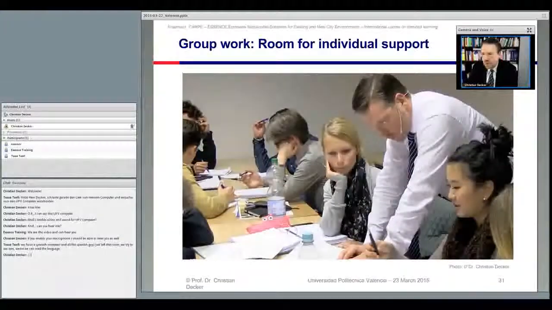And then, of course, you all know that what is really good in an inverted classroom model setting is to apply group work, because this enables me to go around and to talk to all of the students. So I really have contact with all the students.